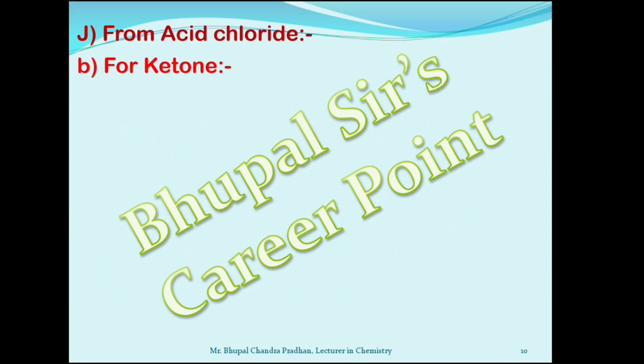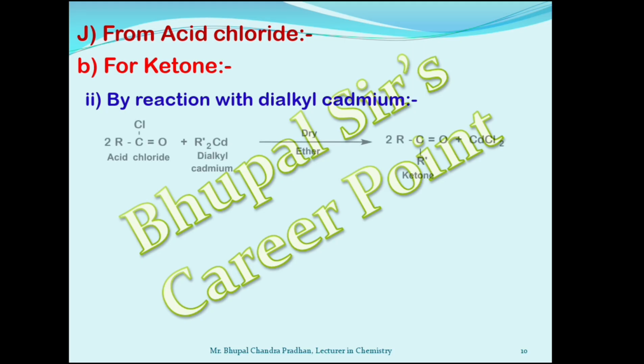From acid chloride, how is ketone obtained by reaction with dialkyl cadmium? When acid chloride reacts with dialkyl cadmium in the presence of dry ether, what happens? Now it will give us ketone. The chlorine atom of acid chloride is substituted by the alkyl group of dialkyl cadmium and we get ketone together with cadmium chloride, CdCl2.